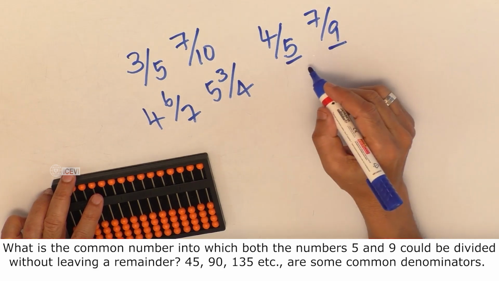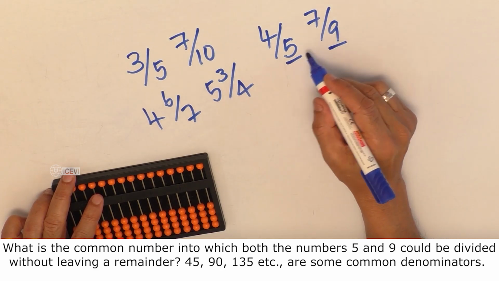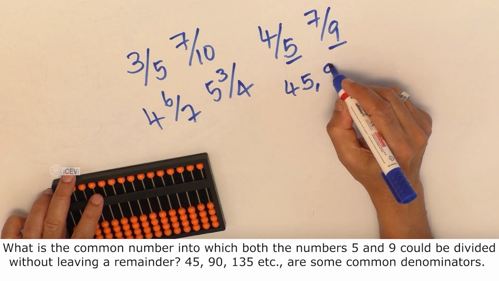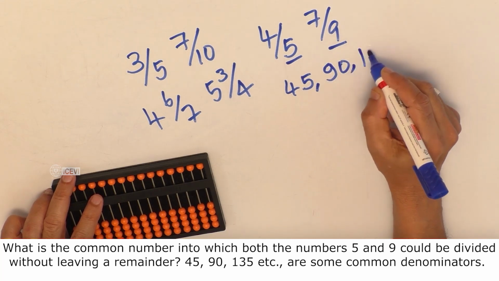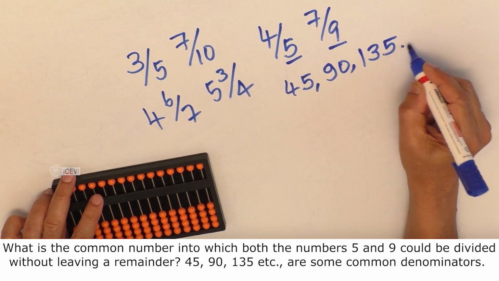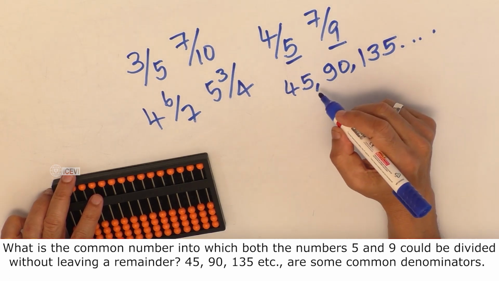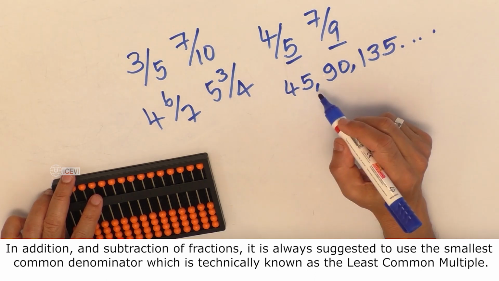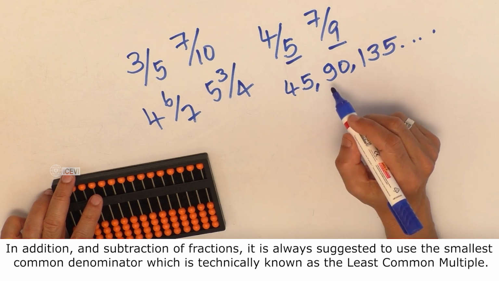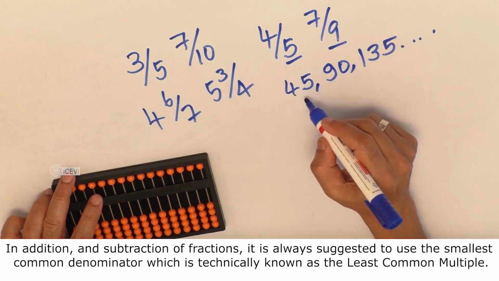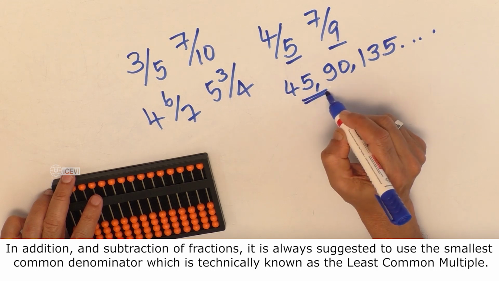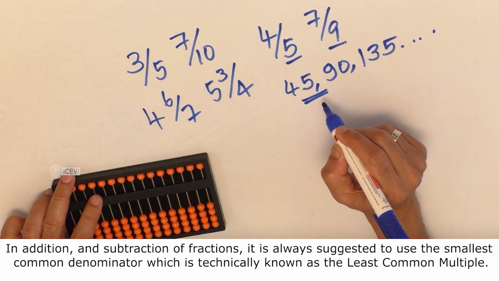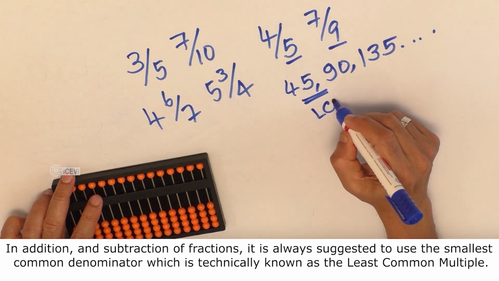They are 9 multiplied by 5, that is 45, and 90, 135, etc. These are some common denominators. In addition and subtraction of fractions, it is always suggested to use the smallest common denominator, which is technically known as least common multiple, that is LCM.